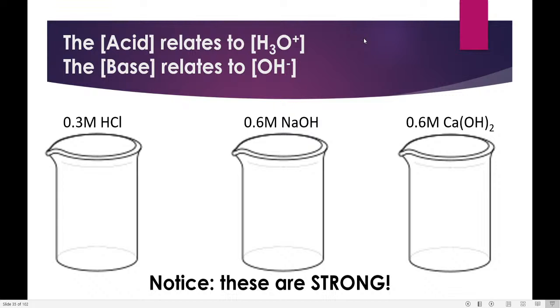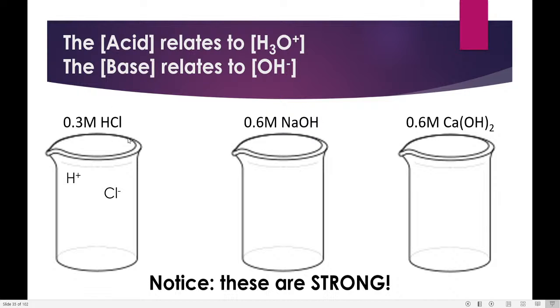So I want you to think with me a little bit about what these hydronium and hydroxide concentrations are, because we just solved for hydroxide, but I'm not sure you really know what that is, right? So let's try to help you understand. Let's say I have HCl in this beaker. It's going to break apart, isn't it? How do I know that?